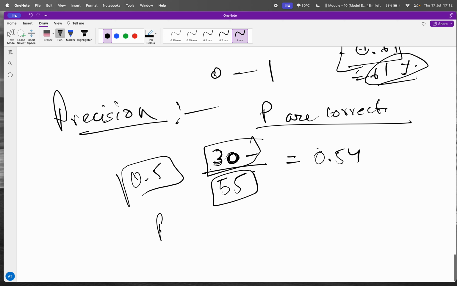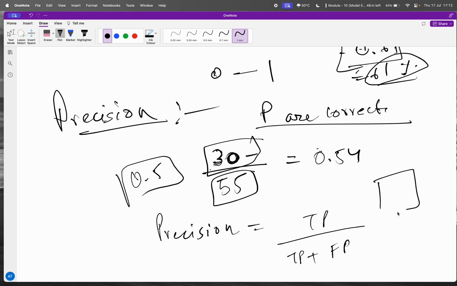And precision actually stands for, the formula for precision, everybody note it down: true positive upon true positive plus false positive. Like how many actually relevant items were selected. We selected some items, you can think of it like the apple and orange box. Let's say you selected some of the items, but you wanted to select apple, but you also selected orange because that robot gave you this answer.